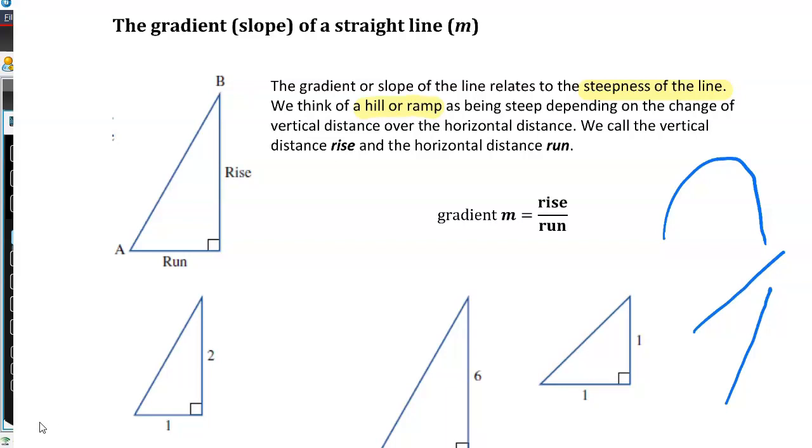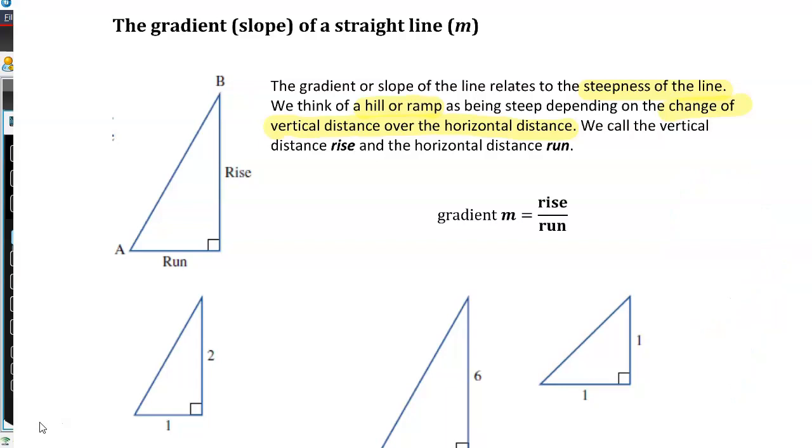It all comes down to this change of vertical distance over the horizontal distance. So here, we've gone up quicker, haven't we? We're changing that vertical distance over a shorter horizontal distance compared to that one. And that's why we consider this one steeper than that one.